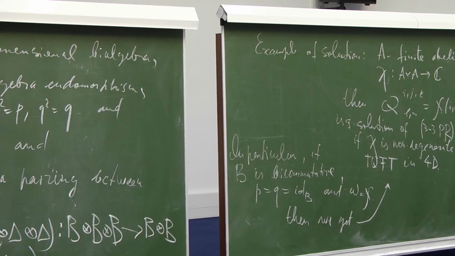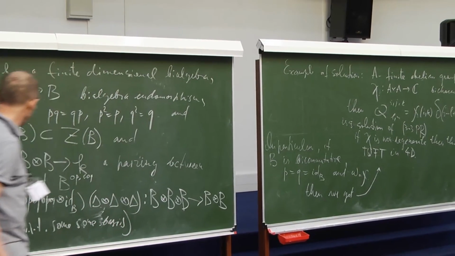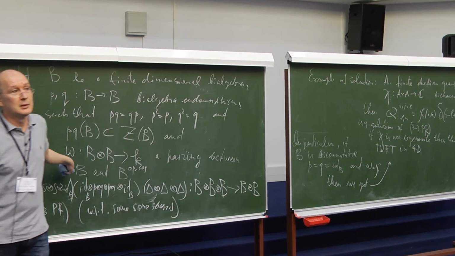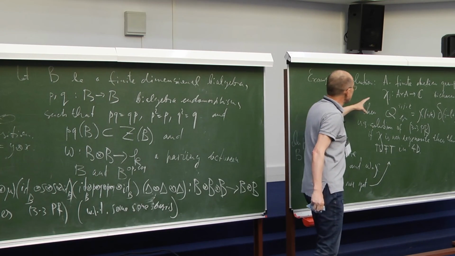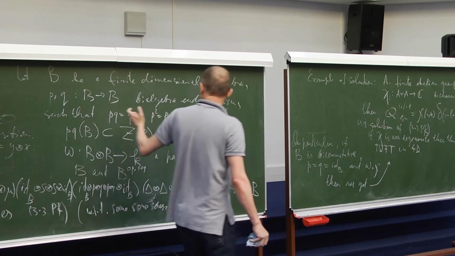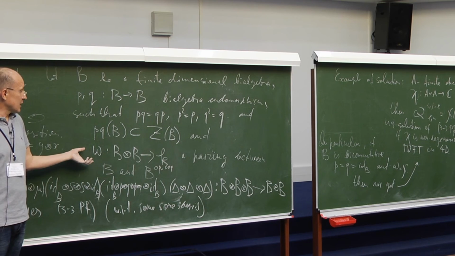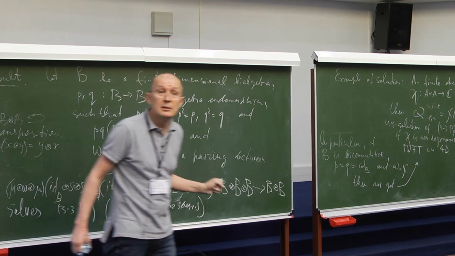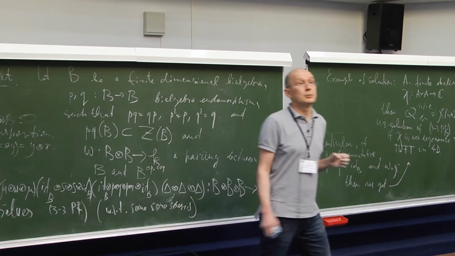And in particular, to get a four-manifold invariant, you need chi to be non-degenerate, which implies that omega should be non-degenerate. So the generalization of that example will be any bicommutative bialgebra which is self-dual by the form omega. Okay, I think I stopped here. Thank you.